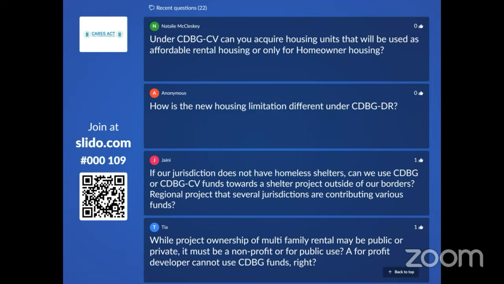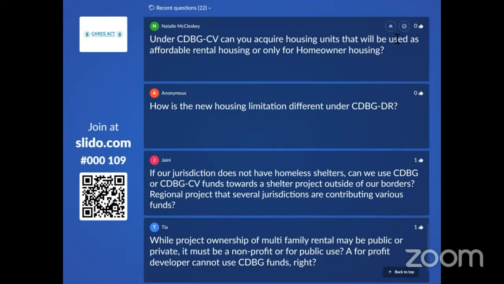But just remember, if you're using CDBG to acquire, let's say, a multi-unit structure to alleviate overcrowding, then you can either use it for affordable rental housing, or if you do homeownership, that would be condos, which would probably require a lot of rehab. So it's up to the grantee, as long as you ensure that you can establish the clear tie back to addressing the pandemic.